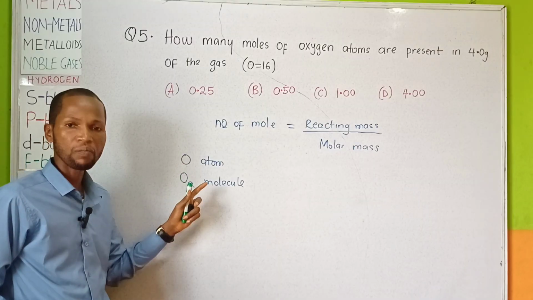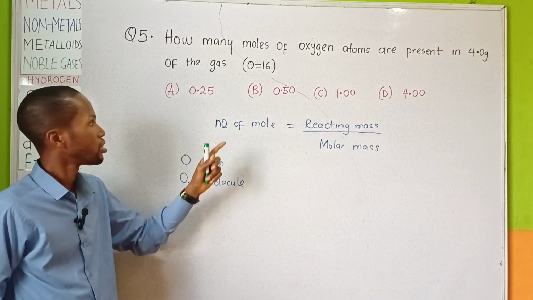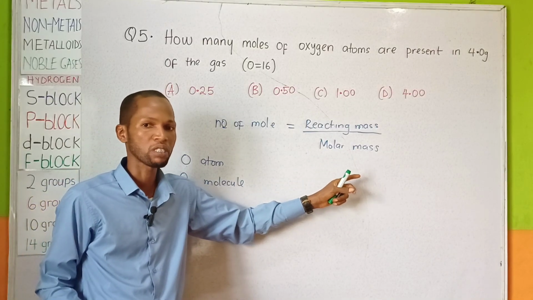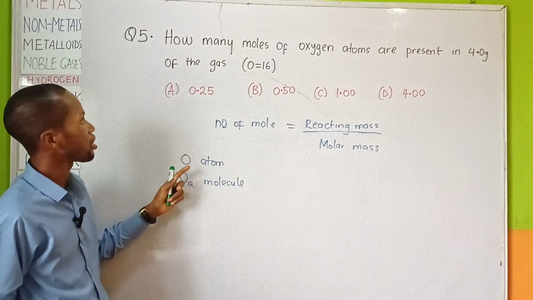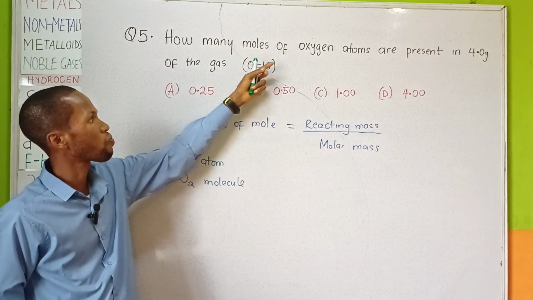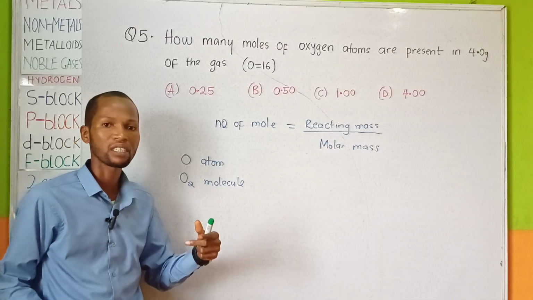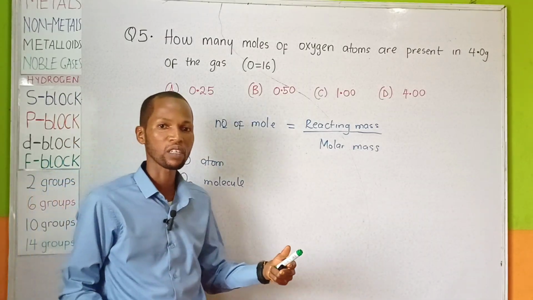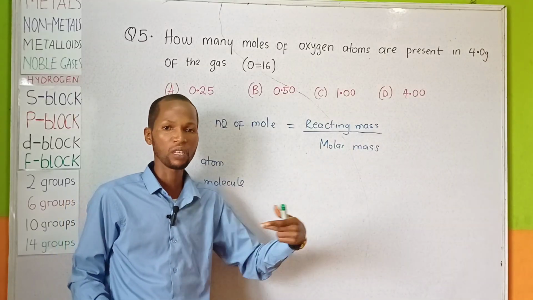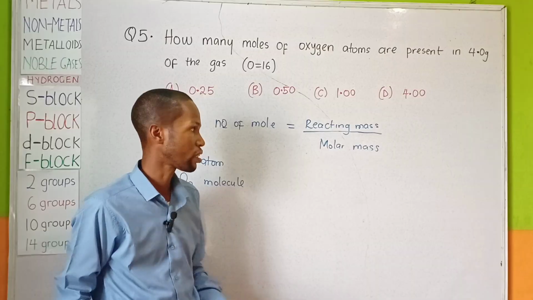So when you are talking about an atom of oxygen, the molar mass will be its atomic mass, which is 16. But if the question is demanding that we determine the number of mole of oxygen molecule, that is when we multiply the 16 by 2 to have 32 for the oxygen molecule. So molar mass for oxygen molecule is 32, but the oxygen atom is 16.